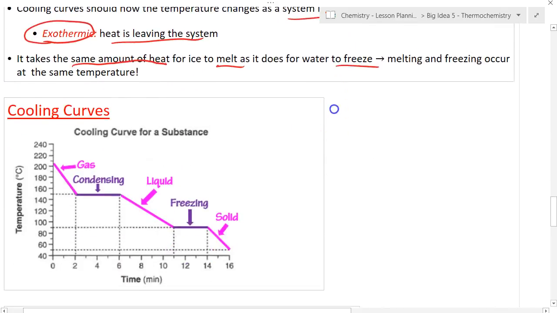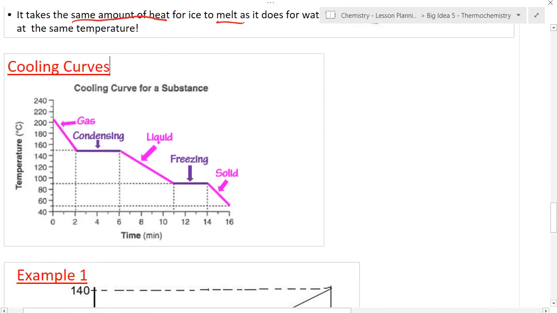Now our last example, I just want to show you a cooling curve. All right, so in a cooling curve for this substance, we have the gas state. It condenses. It's our state change, or a delta potential energy. It's delta kinetic energy. Here we have liquid.